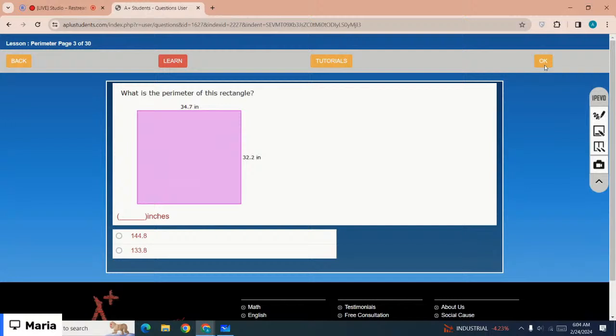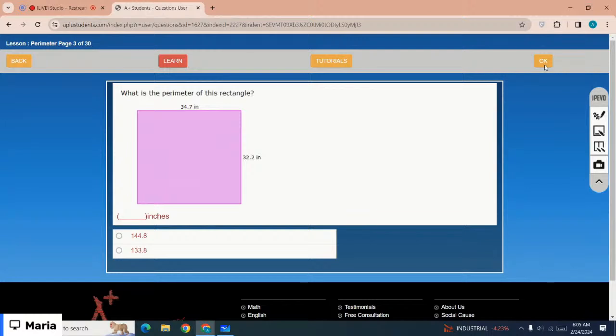The next one is, what is the perimeter of the rectangle? So which is the correct option? The correct option is, you need to add the side lengths.